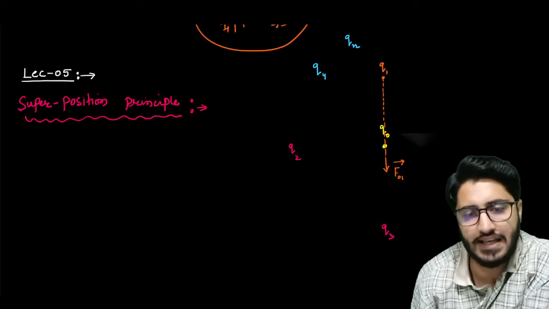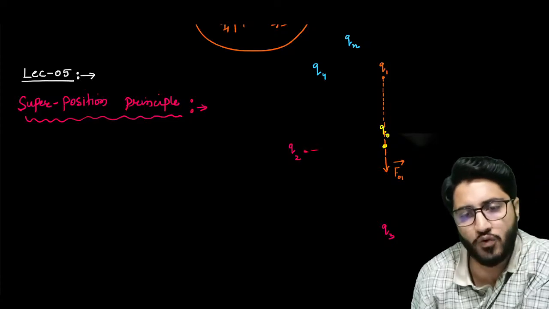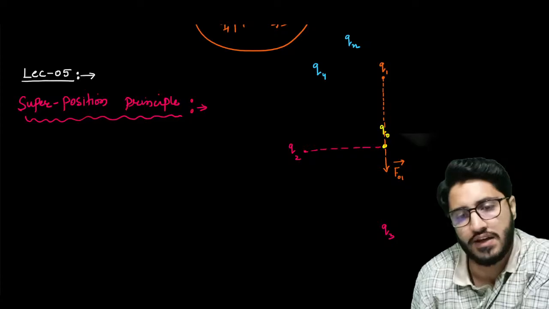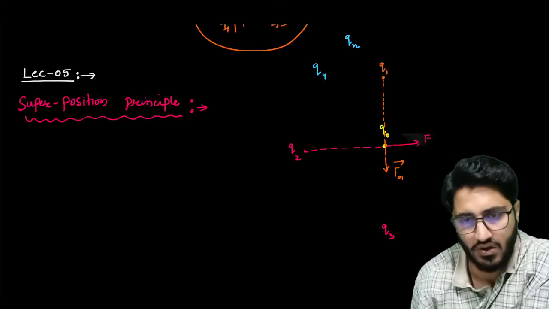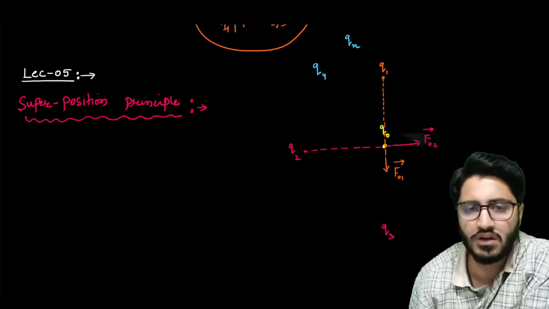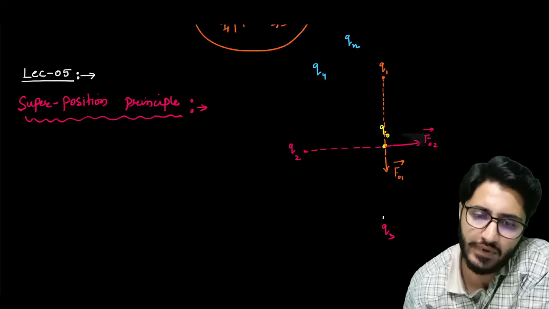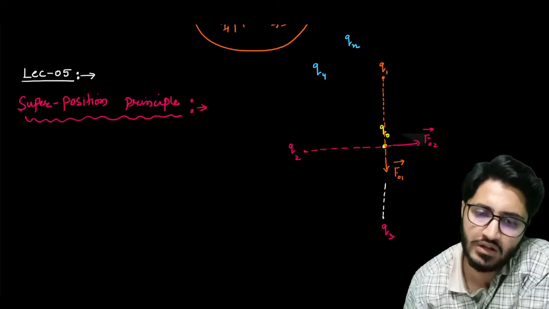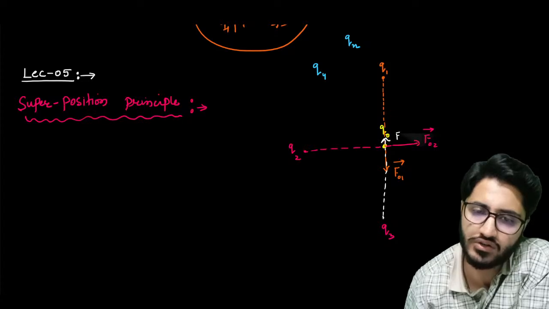In the same way, the Q2 will apply a force on Q naught like this. It is force on 0 due to 2. And the Q3 will apply a force on Q naught like this. It is force on 0 due to 3.